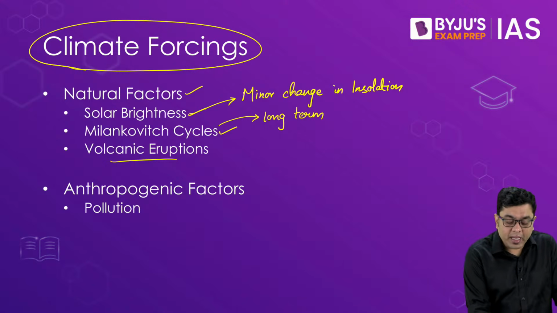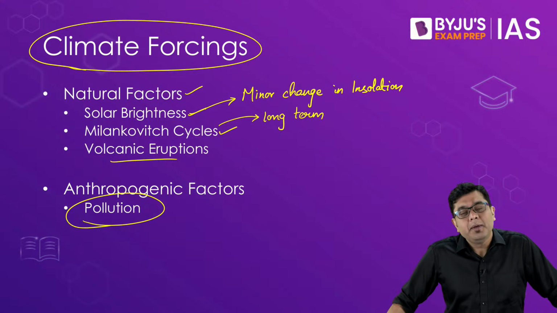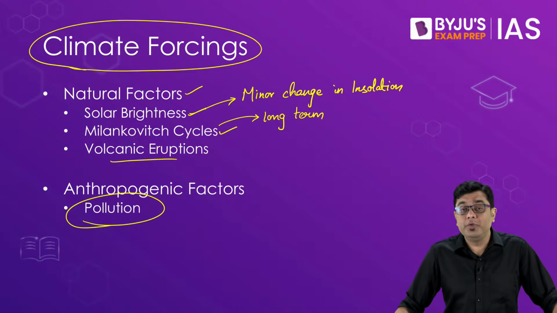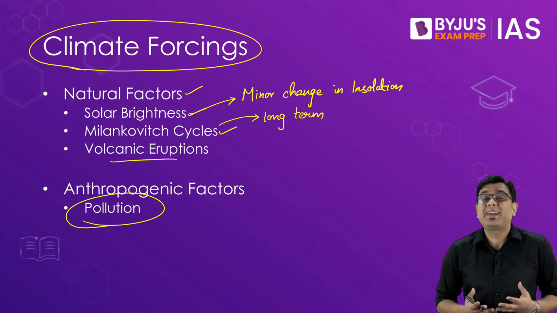And also the man-made factor of pollution, whereby many times we release pollutants such as terrestrial ozone, carbon monoxide, carbon dioxide, methane, sulfur hexafluoride. All these pollutants are released, and also aerosols such as black carbon.